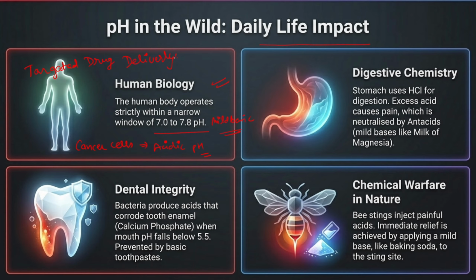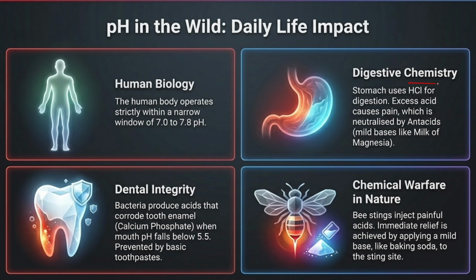Targeted drug delivery. So now, scientists are targeting these cancer cells. How are they targeting? Because normal cells have basic pH, whereas cancer cells have acidic pH. So they are just targeting the acidic cells. So that is called targeted drug delivery.